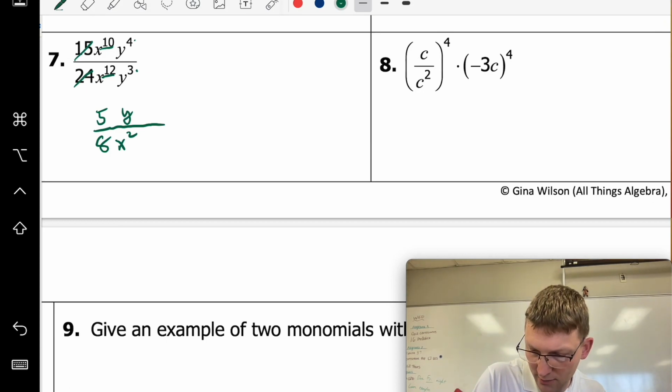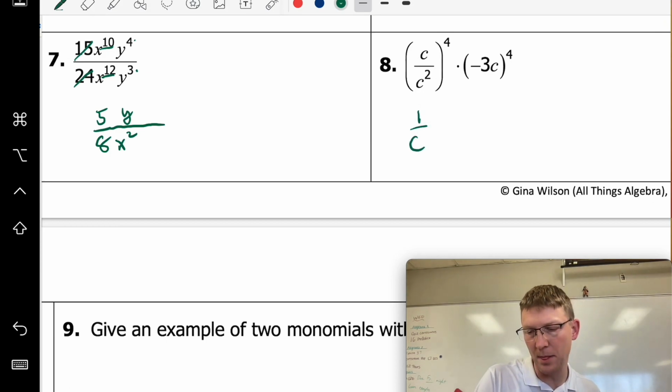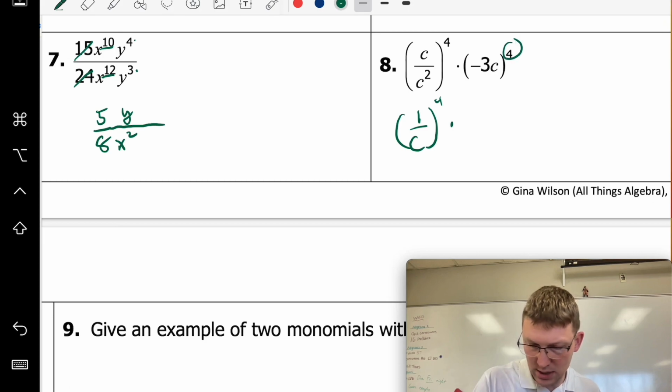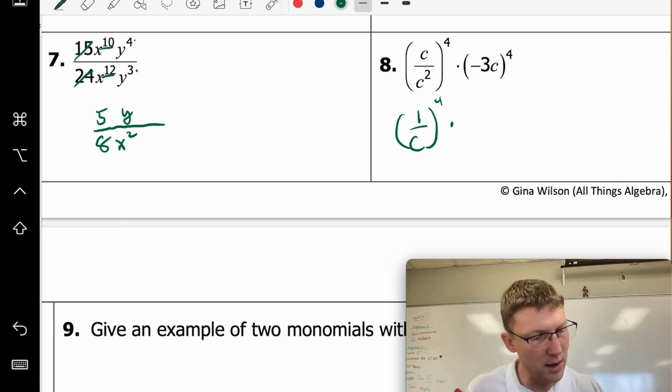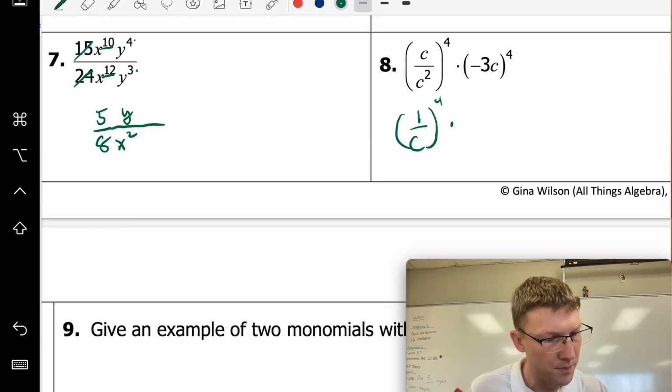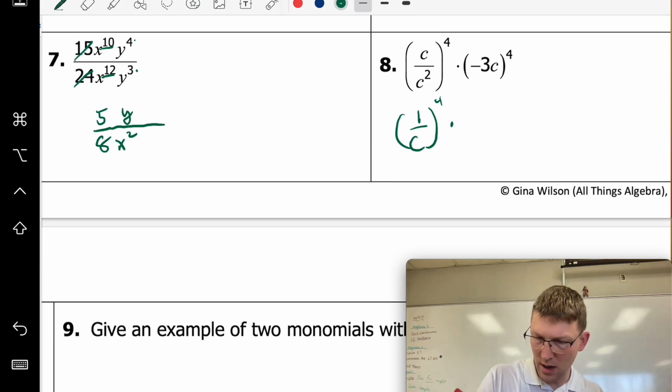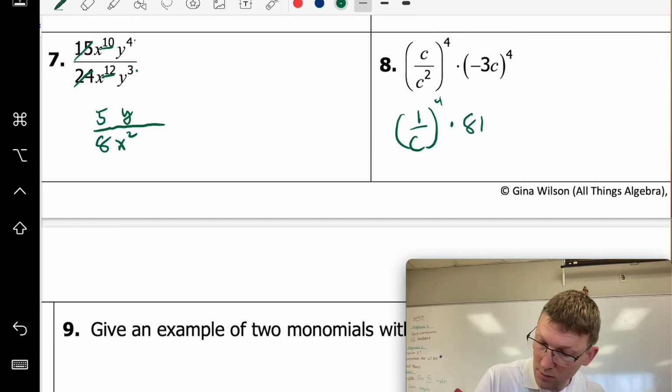So we're going to have 1 over c, raised to the 4th, times, we can go ahead and do this one because there's nothing inside that we can do. 3 raised to the power of 4 is, no, it's just 81. Almost had a calculator error. And then that's going to be c to the 4th.